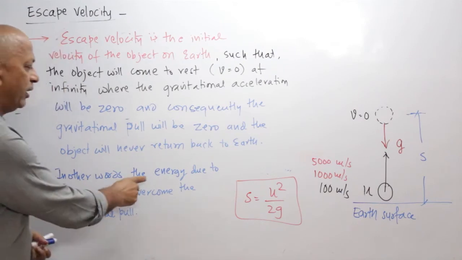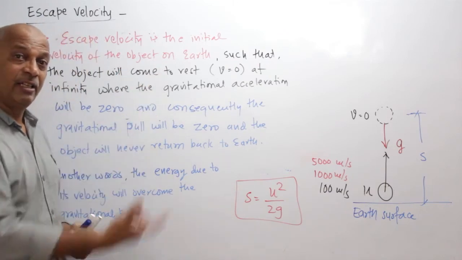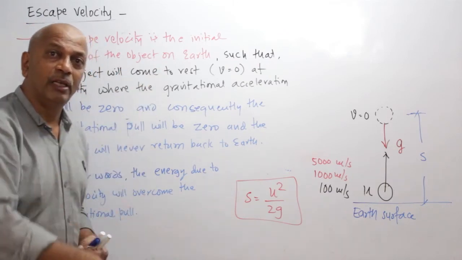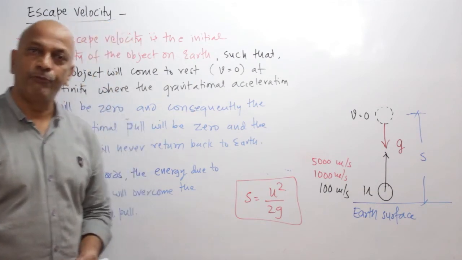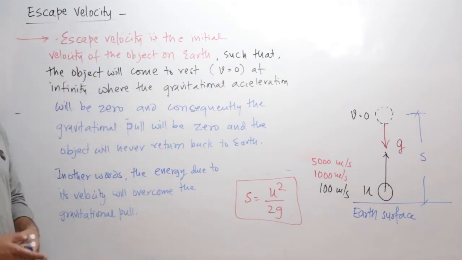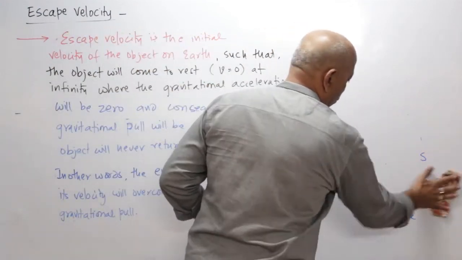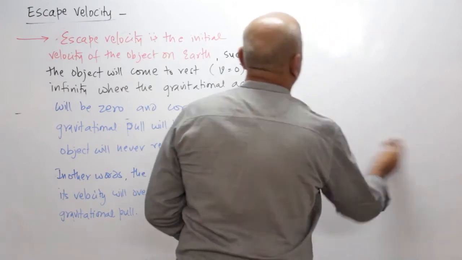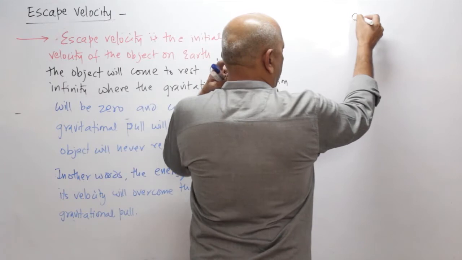In other words, the energy due to u आहे, u is such that it will overcome the gravitational pull, and that is called as the escape velocity. Now we do the calculations of escape velocity.